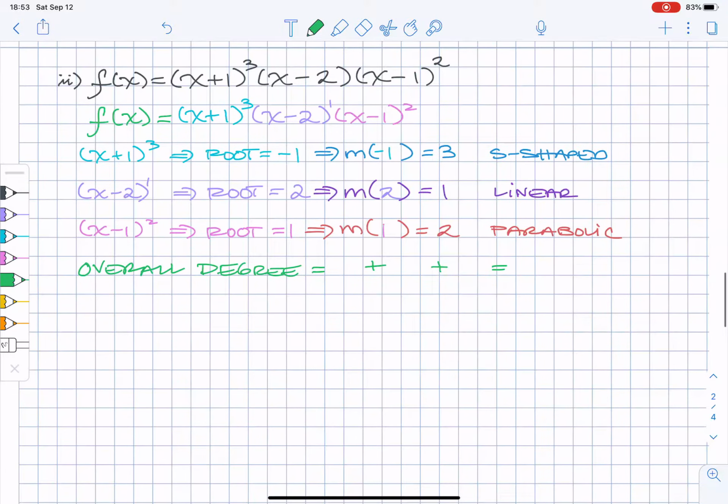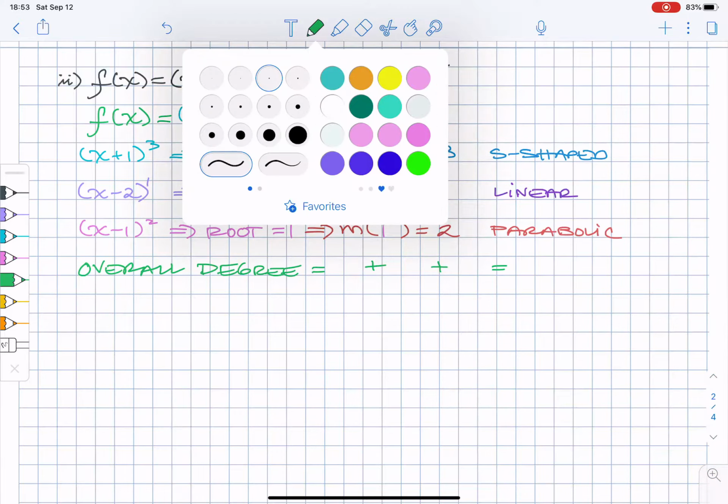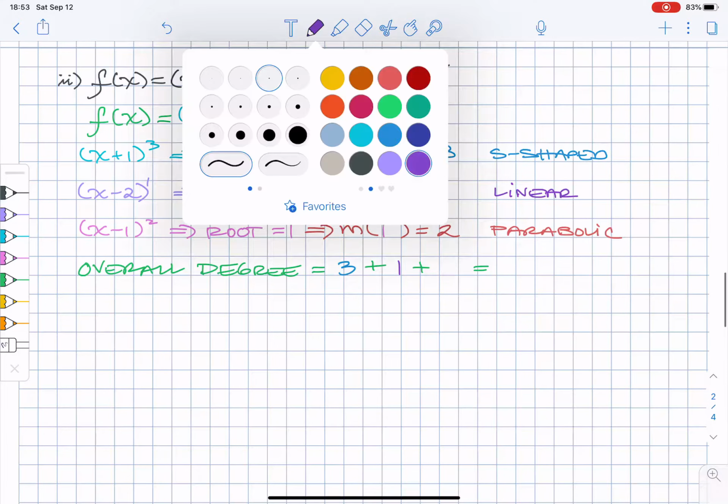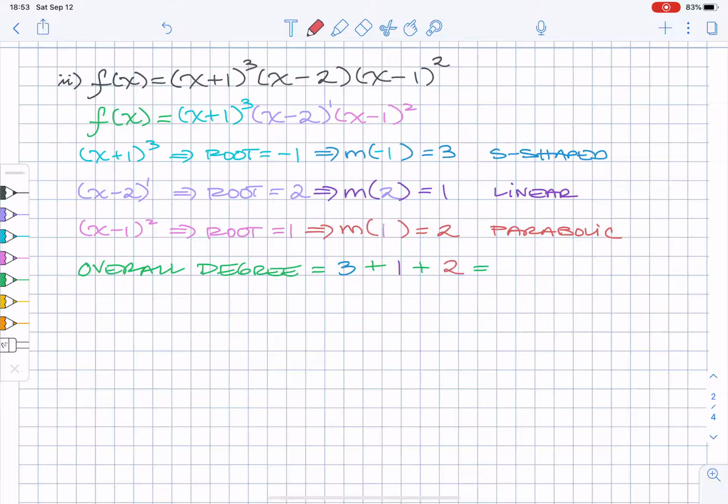So what do I get? 3 plus 1 plus 2, that's 6. So once again, it's going to be overall parabolic. So end behavior will be parabolic.